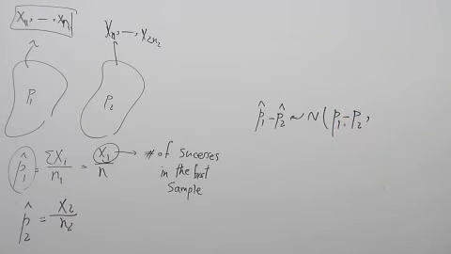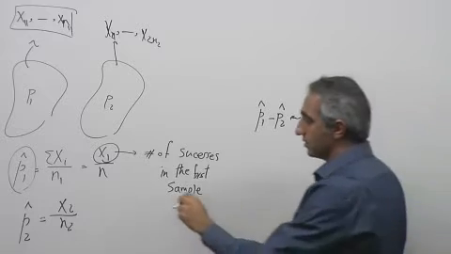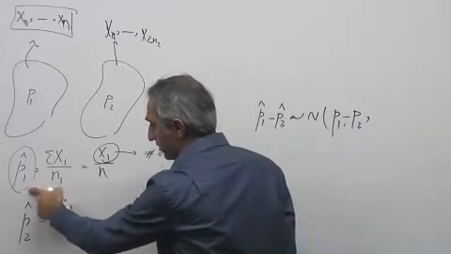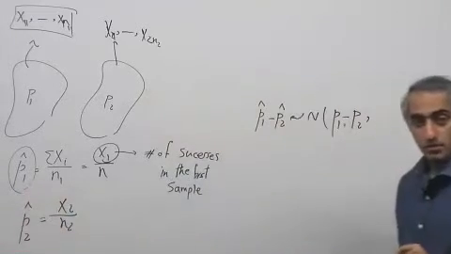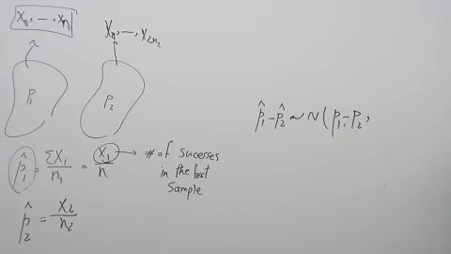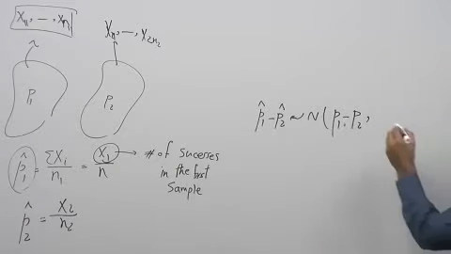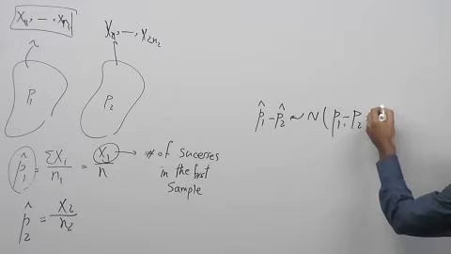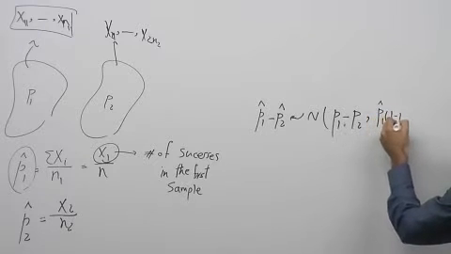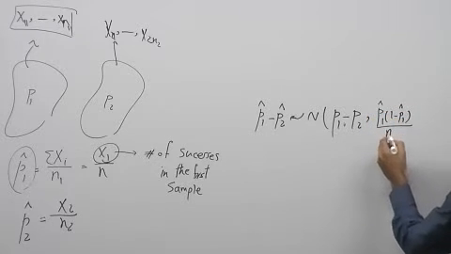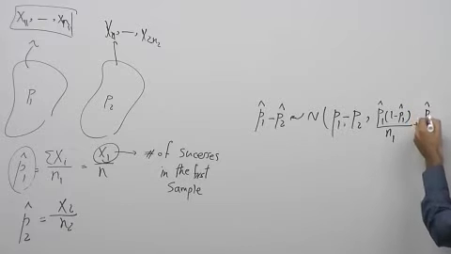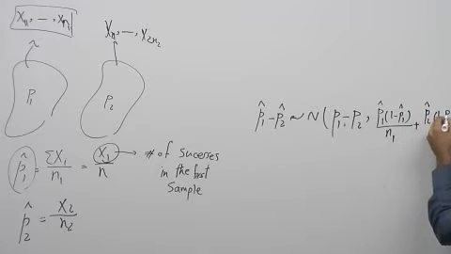And what is the variance? The variance should be the variance of this guy plus the variance of this guy. You remember that? Let me just write it down. The variance of the first proportion plus the variance of the second proportion. Okay?